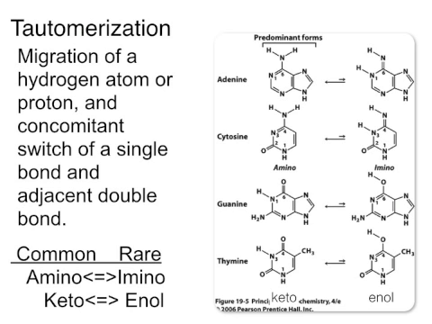Now, are you going to have to know the difference between a regular adenine and its tautomer? No, you're not going to have to know those structural differences. But you do need to know the concept, and you do need to know what tautomerization is and why it can cause mutations in the DNA. You also do need to know that the common forms for deoxyribonucleotide bases are in the amino form and the keto form, and the rare forms are the imino and the enol forms.